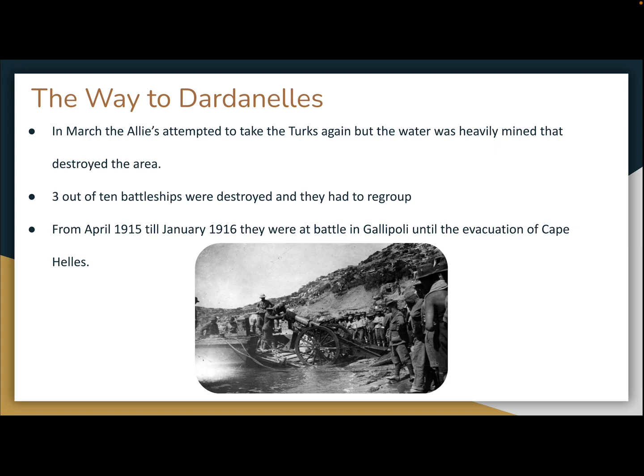During April through probably mid-October, they were just trying to find a way into Dardanelles. But of course, the Turks had the upper hand with supplies and knowing the land. They had a lot more knowledge than the Allies did. The battle lasted until the evacuation of Cape Helles.